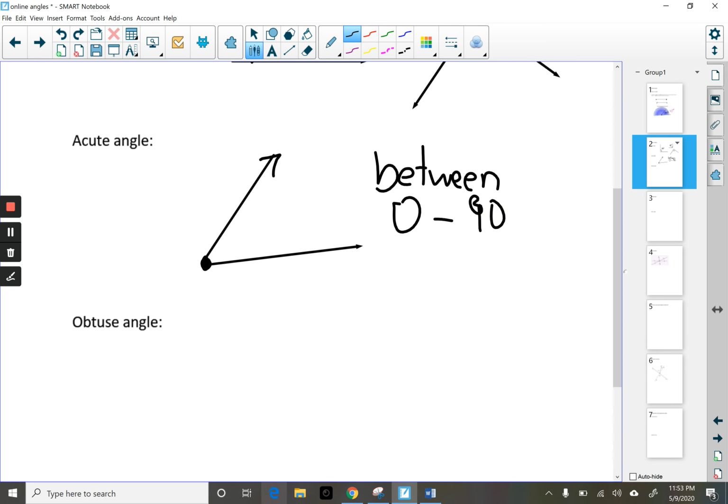We cannot have an angle of 0 degrees. That would be the same line. We'll get to that in a second. And we have 90 degrees, which of course would be a right angle. So this would be anything from 89.99999 all the way to 0.00001 degrees.